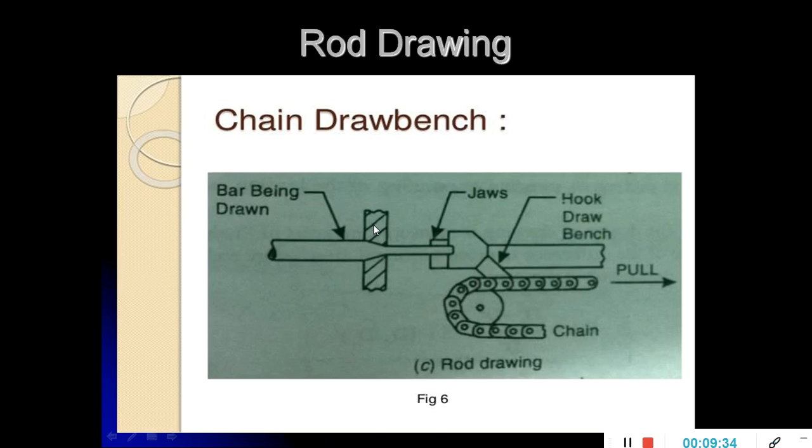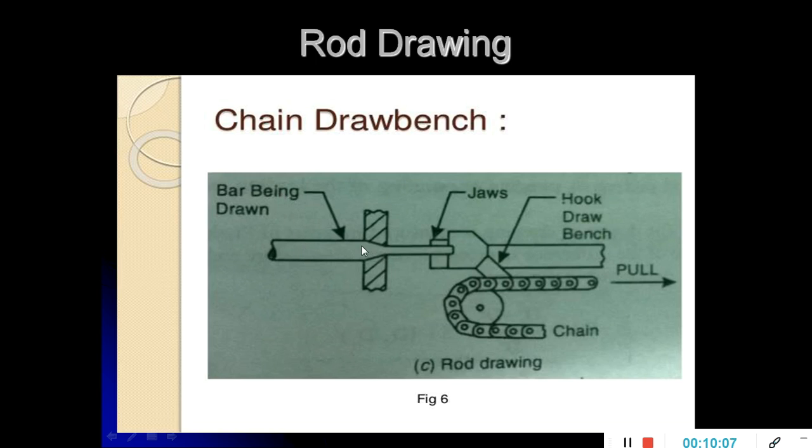It consists of a die which has a tapered hole inside it, right? Here is the tapered hole, and this is the bar or rod which is going to be drawn. It consists of a hook drawbench here, attached to the chain drive. It is locked to the chain drive, and jaws are used to hold the drawn rod in the initial stage. So how does it work?